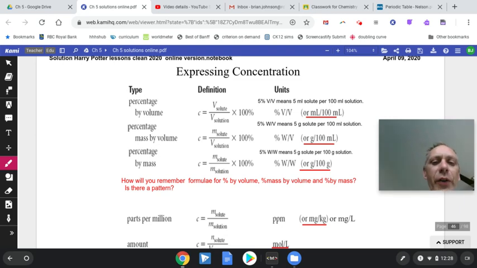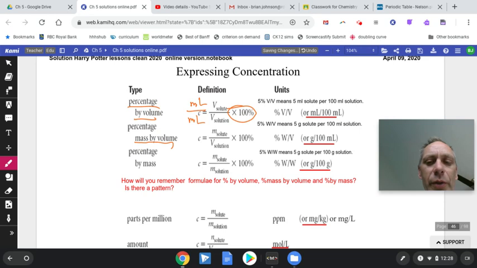So the first one is called percent by volume. What that means is a volume divided by a volume times 100%. And the units that we use for volume are milliliters. So milliliters divided by milliliters times 100%. The second one is percent mass by volume.